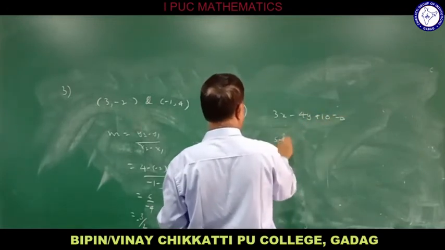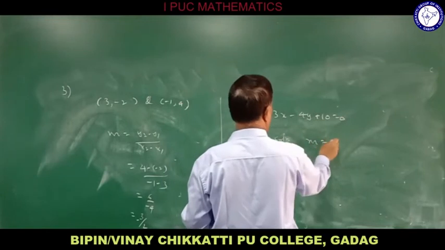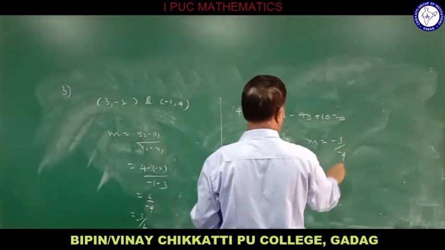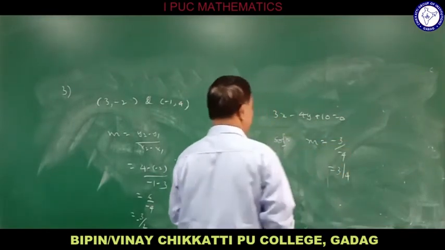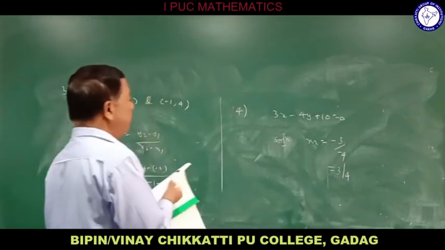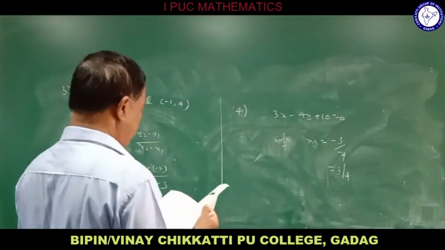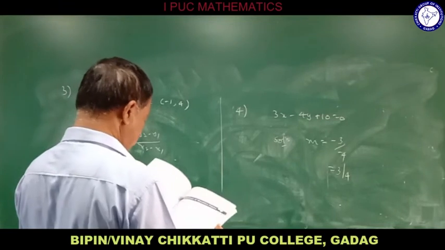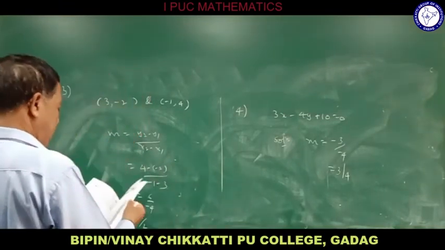That's a direct formula you can write: m is equal to minus a by b. So what is the answer here? Answer is 3 by 4. How you write directly 3 by 4 is very important.